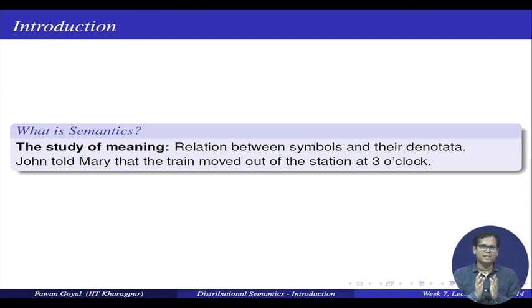Now what do I mean by saying that I want to go to semantics? In semantics, I would like to know what all these words themselves mean separately. So what do I mean by John, told, Mary, etc.? These are all symbols. Now what do they denote? And when they combine together in a sentence, what meaning are they putting?